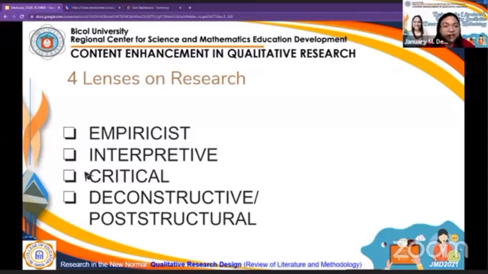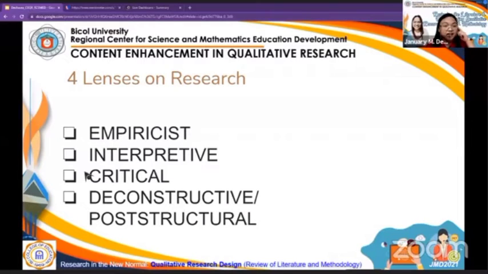So let us look into, of course, the empiricist point of view, which is modeled on classical physical sciences, more on experiences, more on investigation. If you are using this lens, your reality is unitary, and it can only be understood by empirical analytic inquiry.